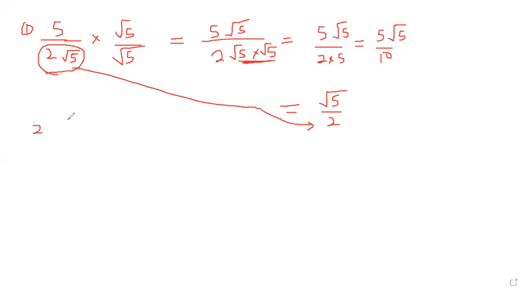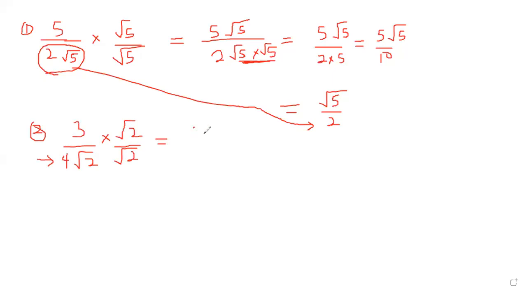Let's look at another example. Question 2, let's say I have 3 over 4 root 2. The objective is to take away the surd. We don't want the surd in the denominator. So multiply through by square root of 2 over square root of 2. You've not changed the expression.